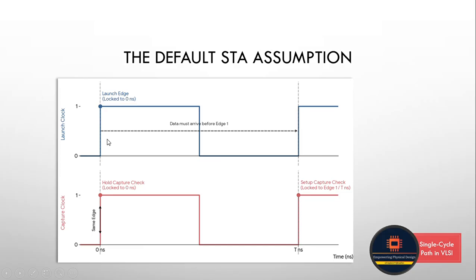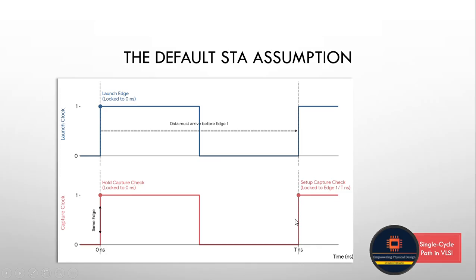The tool expects that your data travels across the chip and arrives safely before the next active clock edge rises at edge 1. So the setup will be checked exactly at this point, where my mouse is moving, before the active clock edge. That means the data should get captured before that.